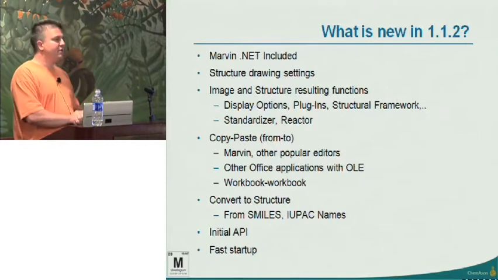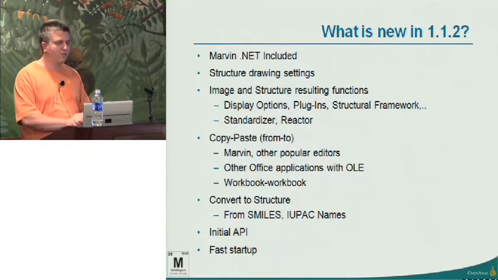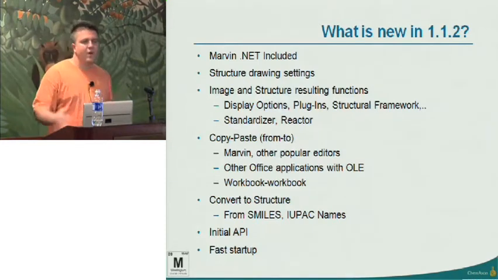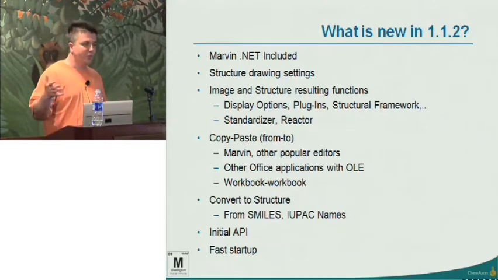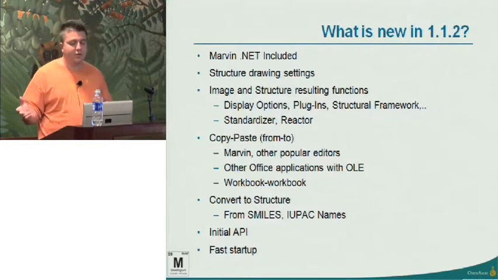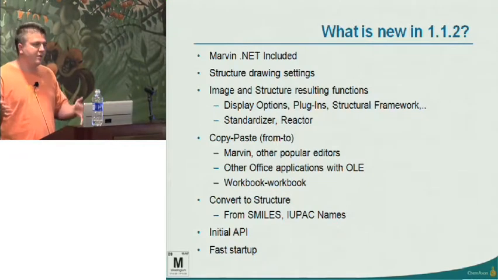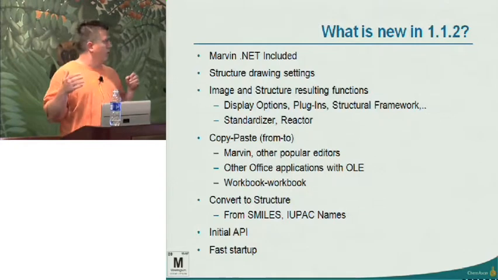In this release, we are going to offer an initial API to JChem for Excel. What it means, for example, is that if you want to extend it or add some additional features either in VBA in Excel or from any external applications, you will be able to communicate with the running instance of Excel and JChem for Excel inside it.